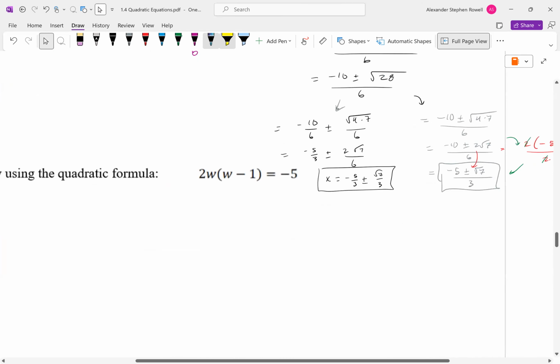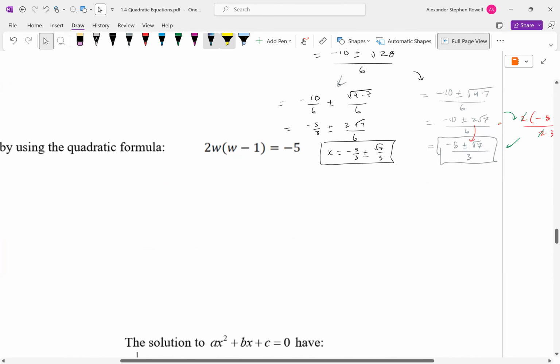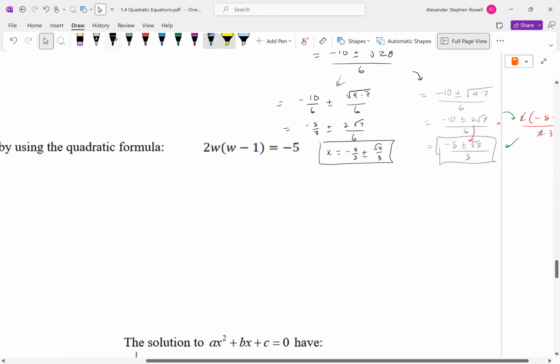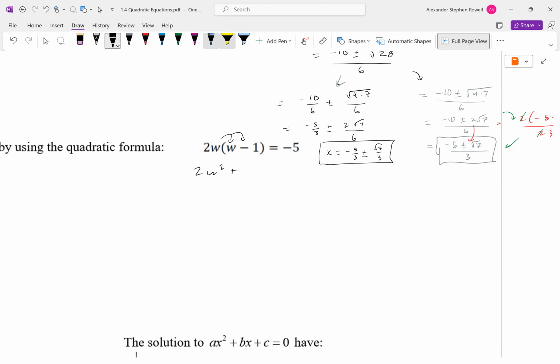Okay, what do we need to do for the next one for quadratic formula? Yeah, 2w squared minus 2w plus 5 is equal to 0. So I added 5 to both sides. Okay, so what's our formula for quadratic?